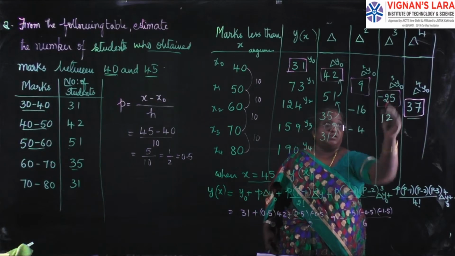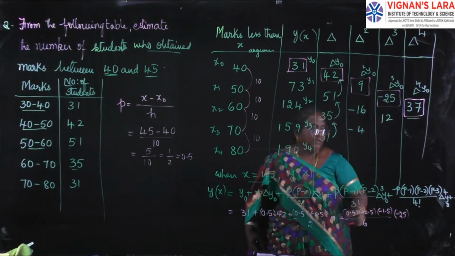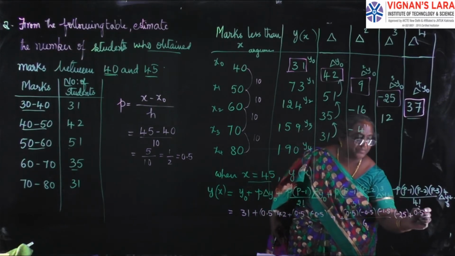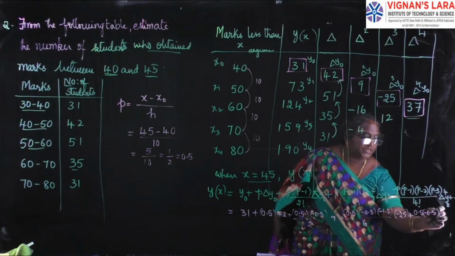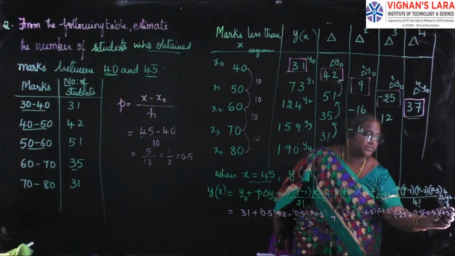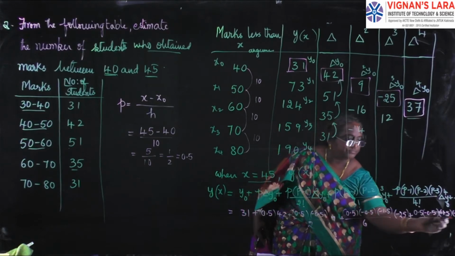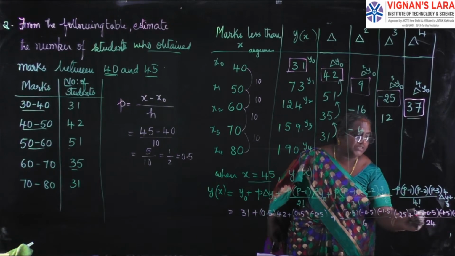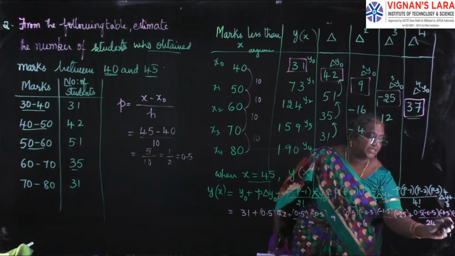Del cube y naught is minus 25. Last one: 0.5, 0.5 minus 1 is minus 0.5, 0.5 minus 2 is minus 1.5, p minus 3, 0.5 minus 3 is minus 2.5, by 4 factorial, which is 24, and del power 4 y naught is here 37, multiplying with 37.